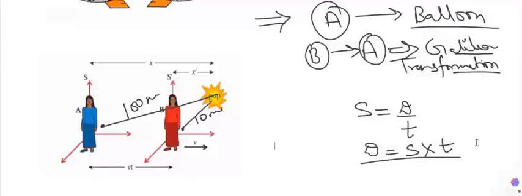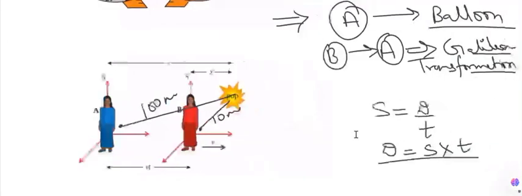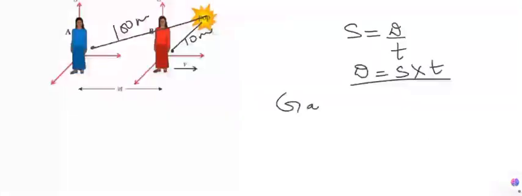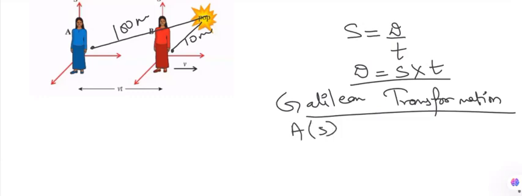So now I'm converting these frames of reference and explaining the Galilean transformation. Listen very carefully, it's very important. One frame of reference is for A, that is S. One frame of reference is for B, that is S dash.